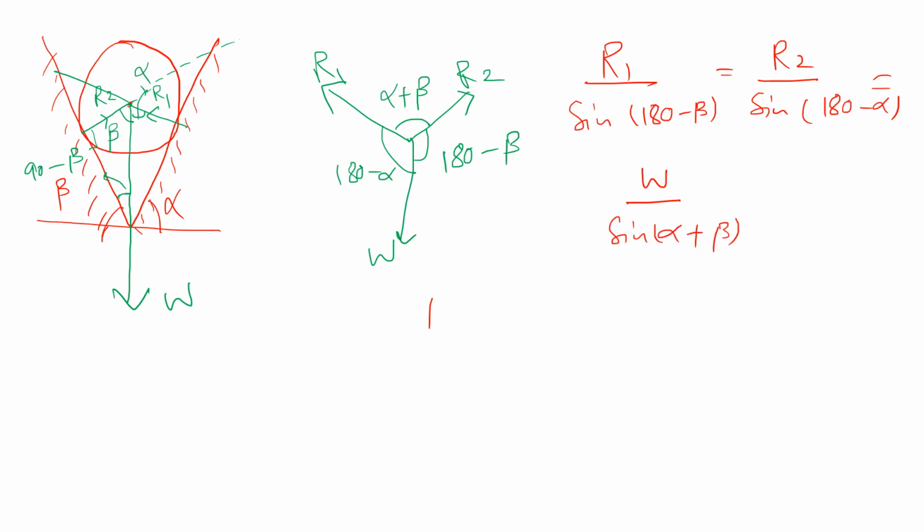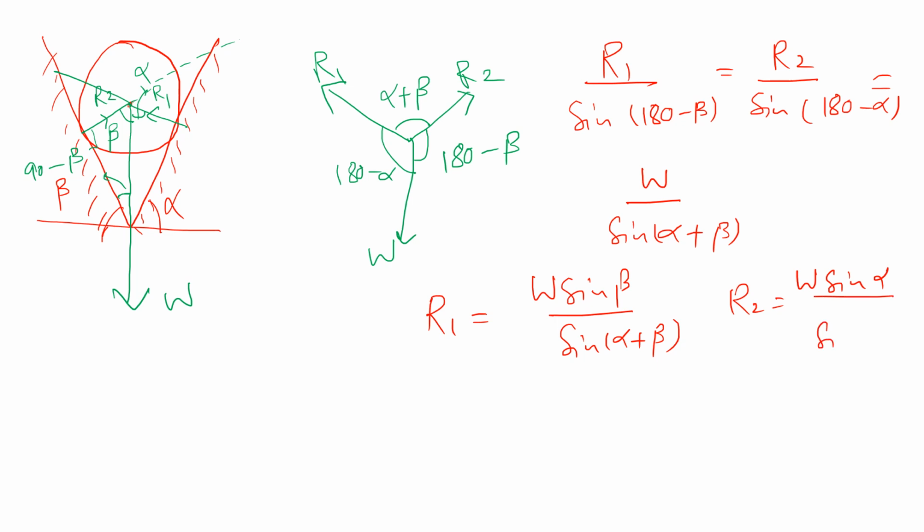So what will be the value of R1? Since sine(180 minus theta) equals sine theta, R1 equals W sine beta upon sine(alpha plus beta), and R2 equals W sine alpha upon sine(alpha plus beta). Have you understood or not? Because sine(180 minus alpha) is sine alpha.